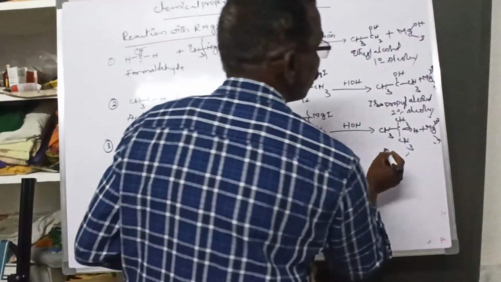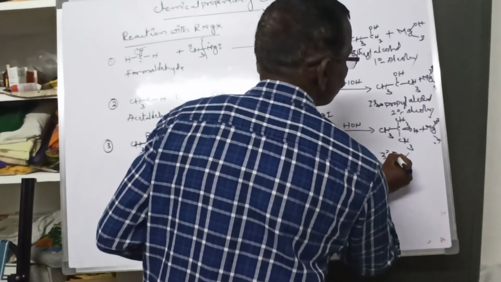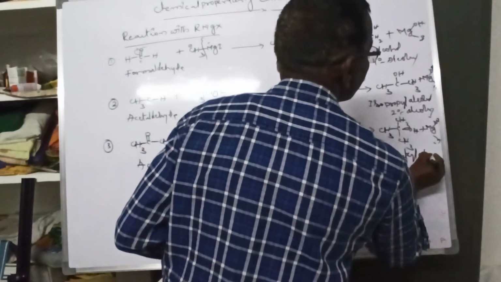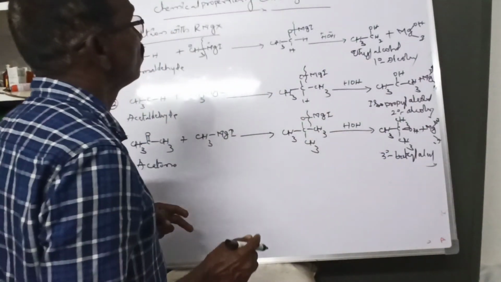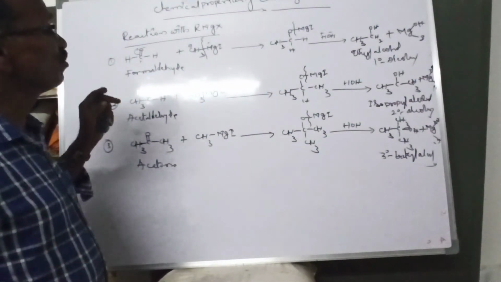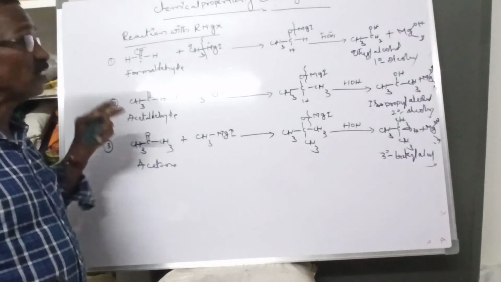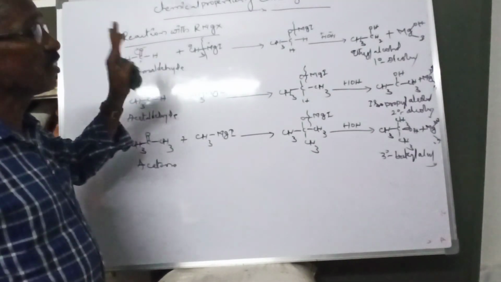It is tertiary butyl alcohol, a tertiary alcohol. So the Grignard reagent is used for the preparation of primary, secondary and tertiary alcohols.